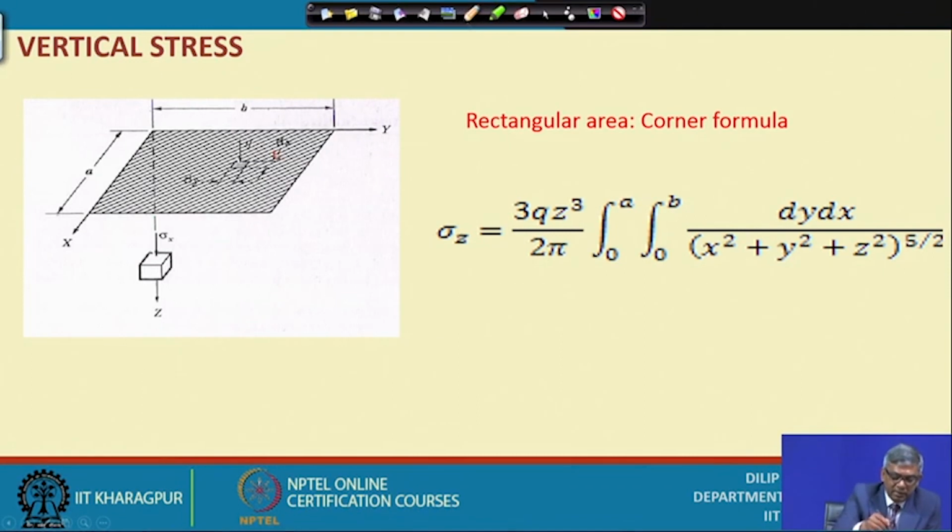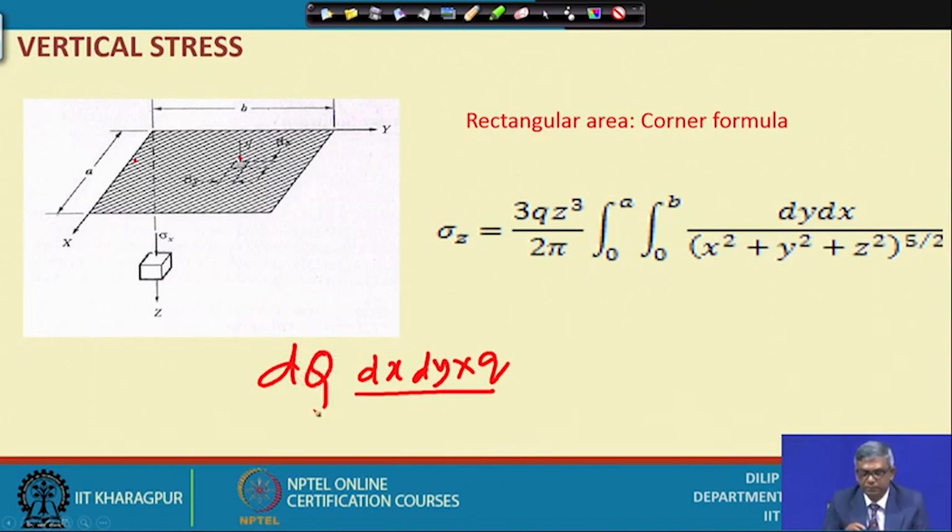You can see here the x axis; from the x axis, at a distance y, I have taken a small width dy, and from the y axis, at a distance x, I have taken a width dx. So I get one small area of width dx and dy. The area of this small part is dx into dy, and the intensity of pressure on the footing is q, so this becomes dq.